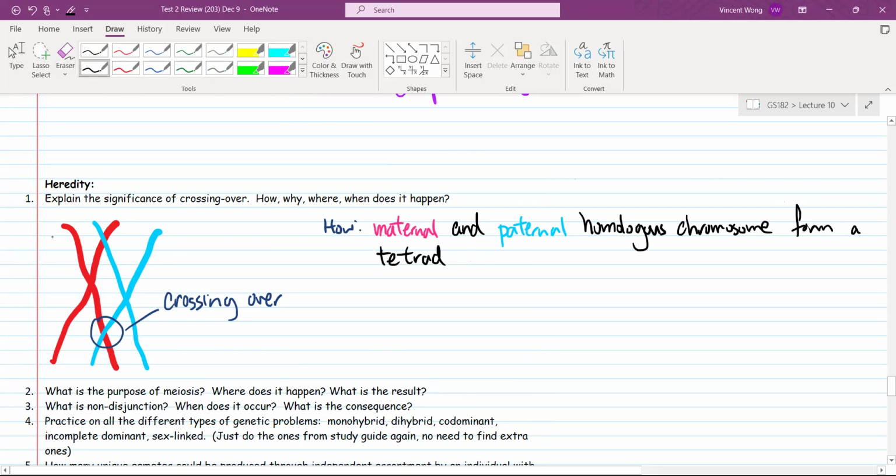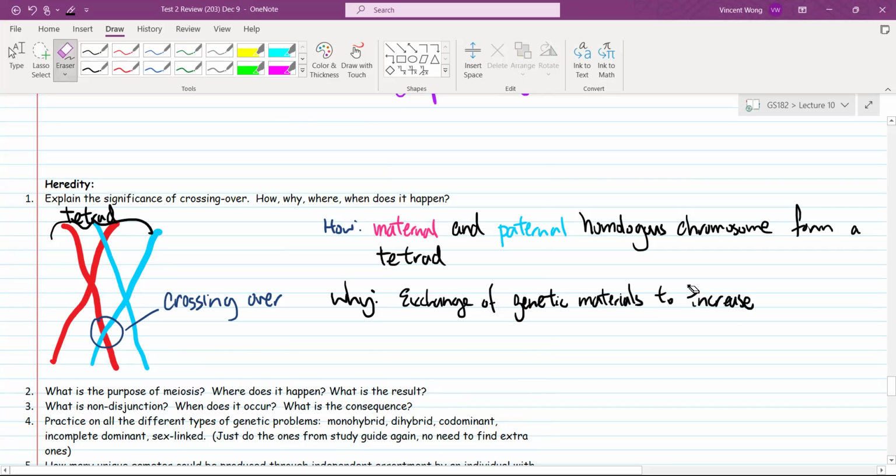This whole thing is a tetrad. Why? Exchange of genetic materials to increase genetic variation in gametes.